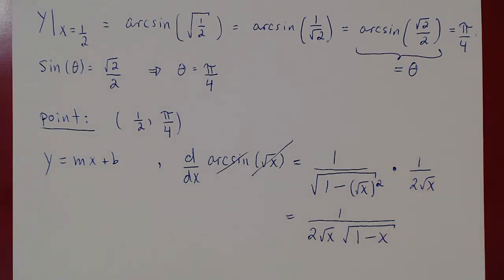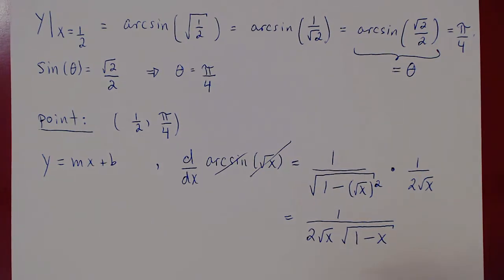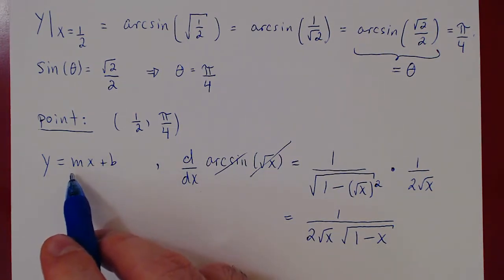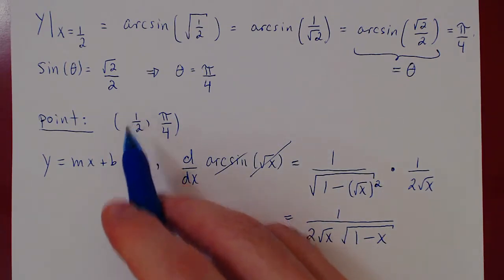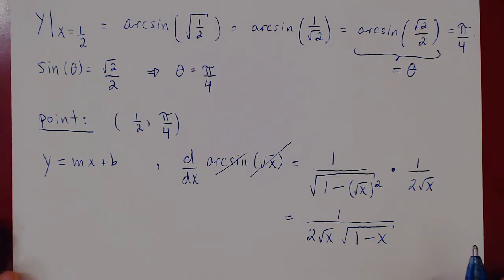So now we have the derivative of our function, arc sine of root of x, for any given value of x. Well, the slope of the tangent line is the derivative of the function specifically at x equals 1 over 2. So now let's evaluate the derivative at 1/2, which will give us the slope of the tangent line at x equals 1 over 2.